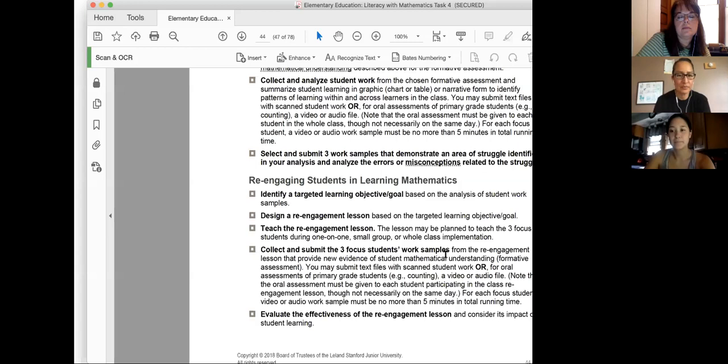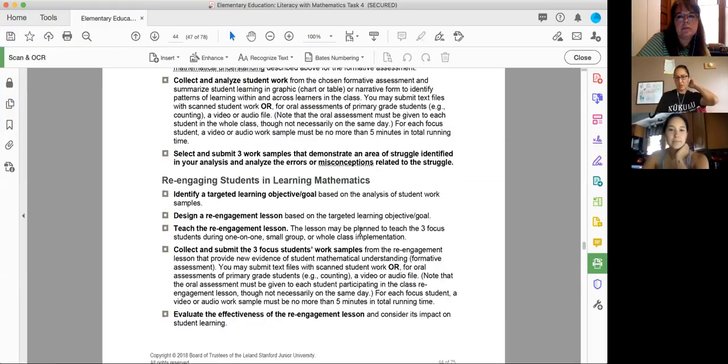Okay, here we go. Let's see. Okay, so again, work samples are important to demonstrate those patterns that you're seeing. The three work samples are representing those various groups that you have in your class. Once you do the analysis, you will then move on to re-engaging the students in those learning objectives that you saw they were having trouble with.